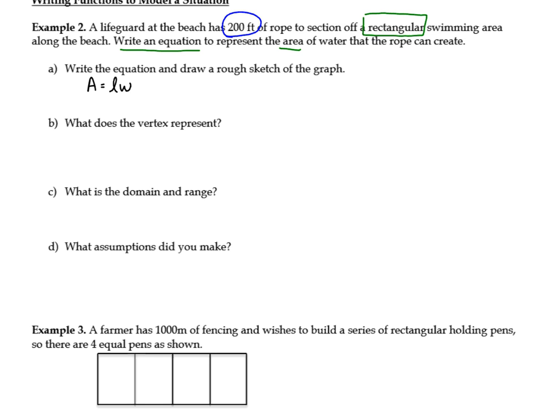There's 200 feet of rope. Now, are you putting rope? So here's the beach. Maybe this is your little umbrella. Little person. Just daydreaming a little bit for a second. Okay, there's the beach. Are you going to put the rope in front of the beach here? Would you put a rope there?